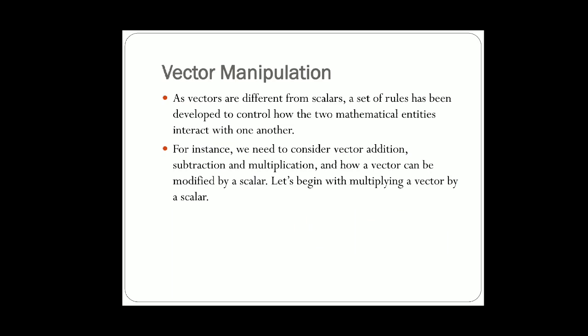So if they are two different entities, how do they calculate with each other? For instance, we need to consider vector addition, subtraction and multiplication, and how a vector can be modified by a scalar. We can check how a vector is different from a scalar through these quantities, which we will see in the next lecture.